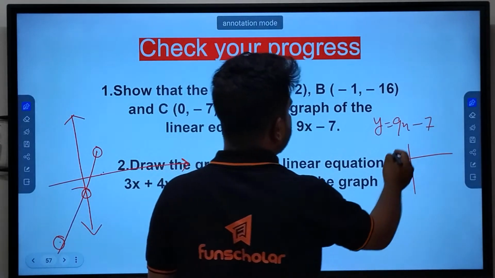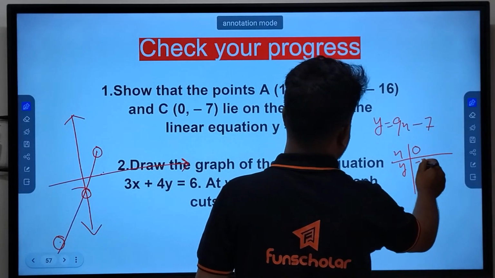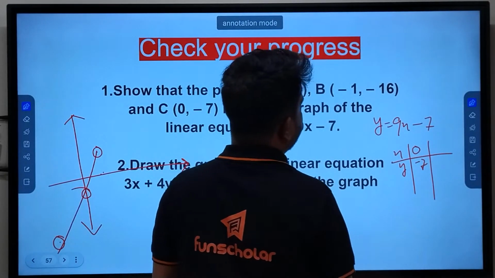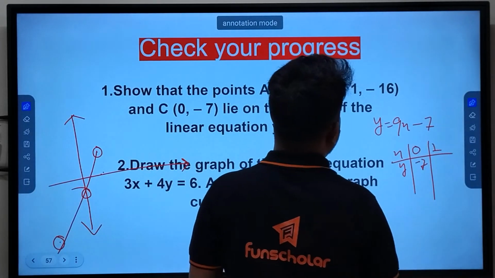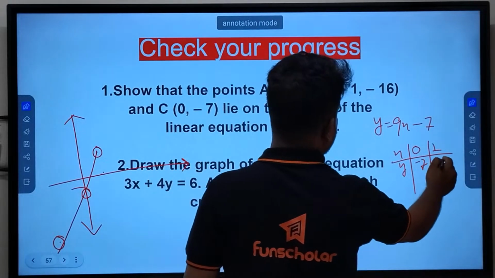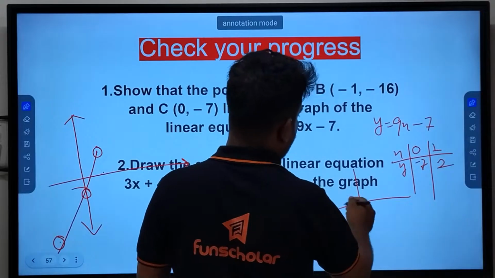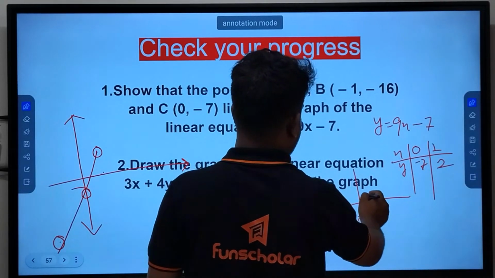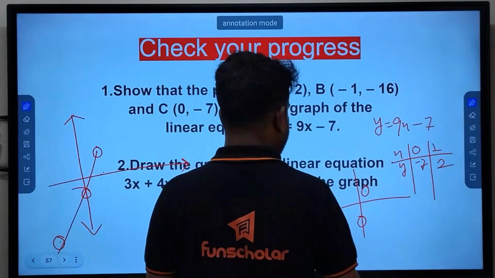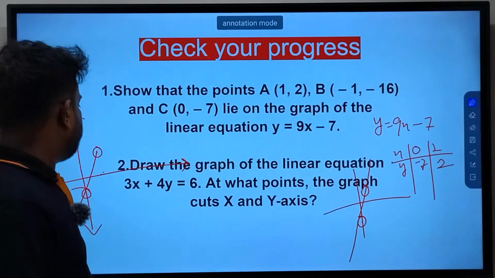If I put 0 in x's place, the value of y will be -7. If I put 1 in x's place, the value of y will be 2. Similarly, if I plot the points, the first one will be here and the second one here, and the line will be like this.